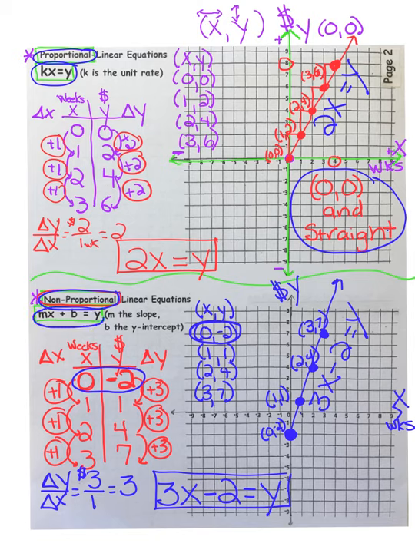Well, certainly there's a bit more information in a non-proportional, and we'll explore this in detail. But if you look at a graph for a non-proportional relationship, it's still straight. Of course, it's a linear equation. But the big difference here is the line never passes through the origin, 0, 0.